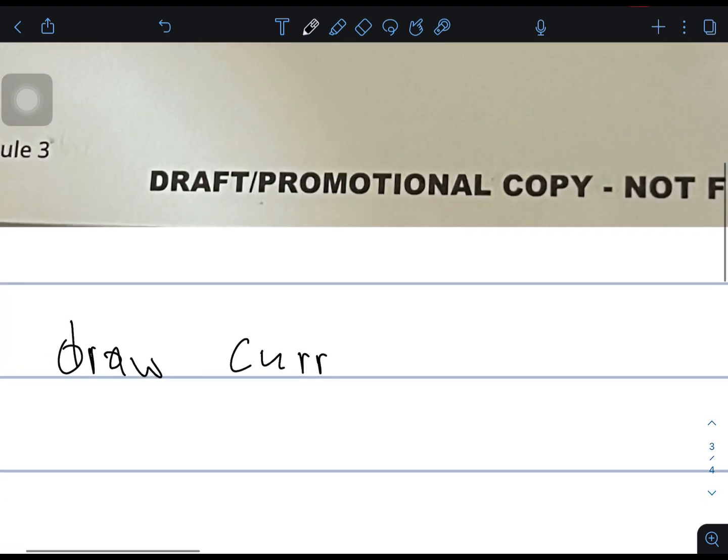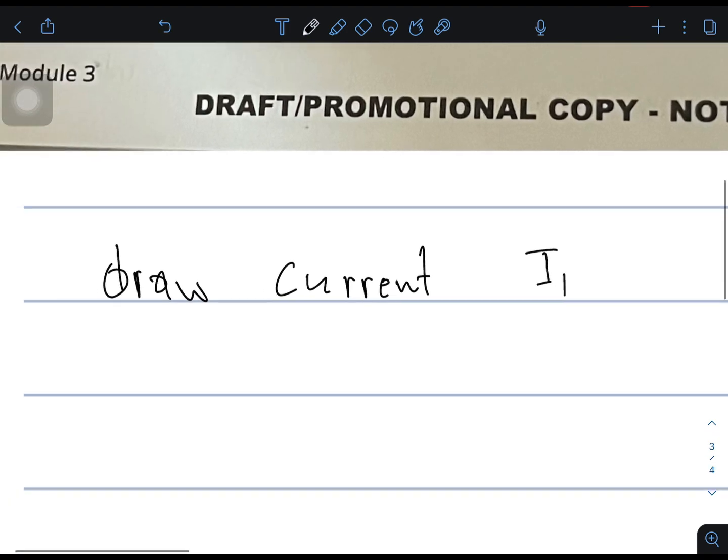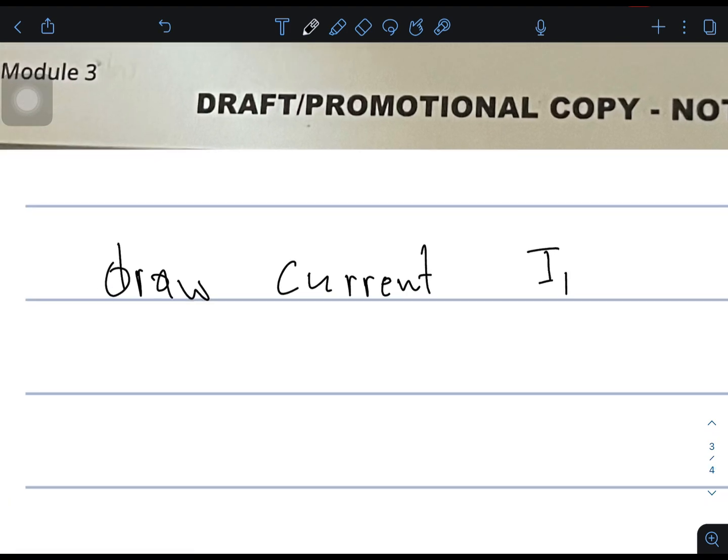These are things that can make you make a silly mistake. When you draw current, we mean the primary current. When we say delivered current, we mean the secondary current, I2.